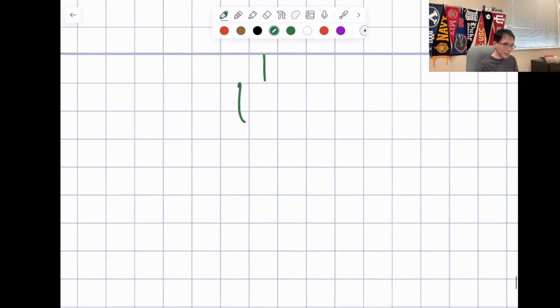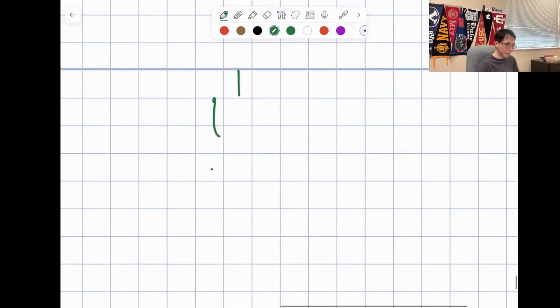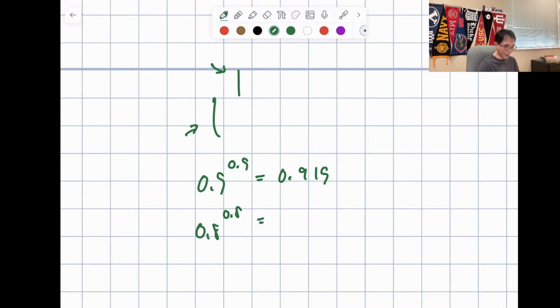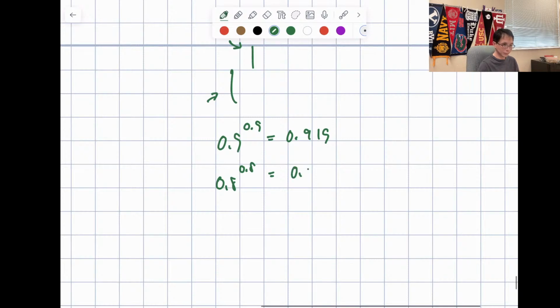So I need somebody's help, people who are very good with the calculator. We're going to approach both numbers equal to 0. So what we're going to do is 0.9 to the 0.9 power. Can somebody type in what 0.9 to the 0.9 power is? Give me 3 decimal places. 0.910. Okay. What about 0.8 to the 0.8 power? 0.837.